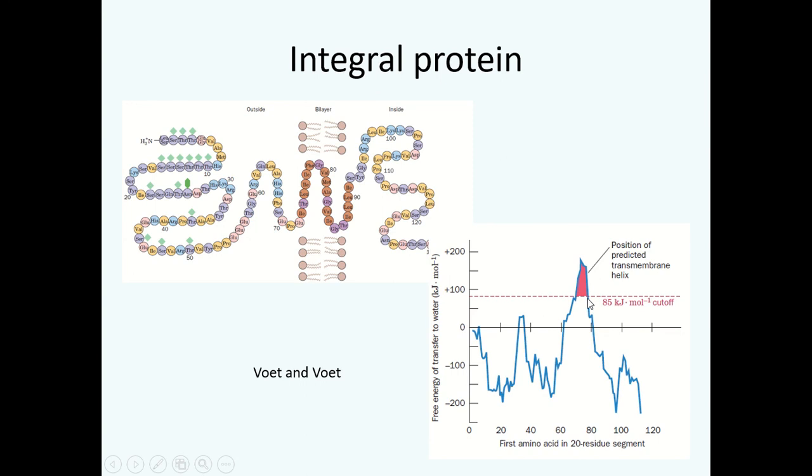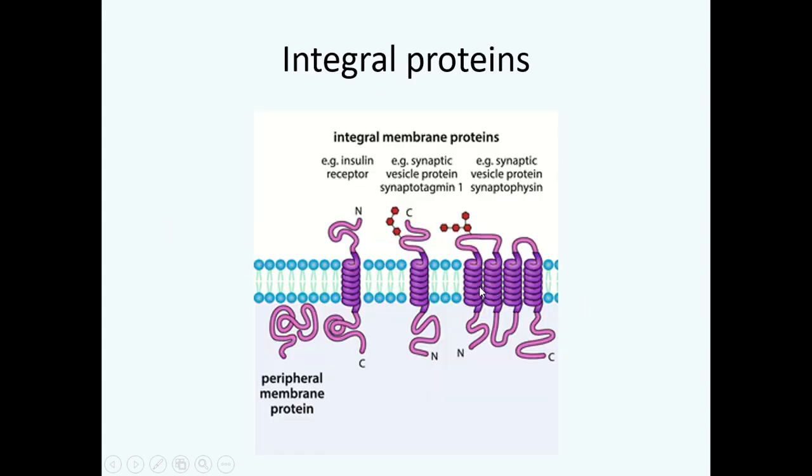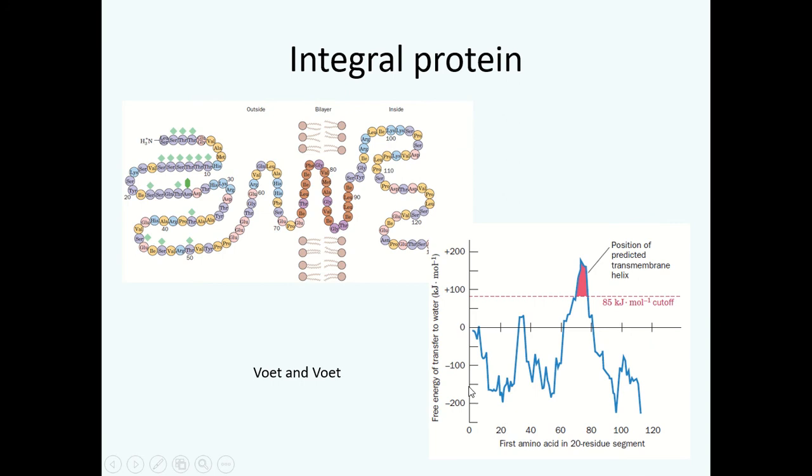Some proteins, on the other hand, can have several transmembrane regions. For example, the one shown here contains 4 transmembrane helices. So when you look at such a plot for this protein, you will find 4 regions which are above this threshold value, above this cutoff value.